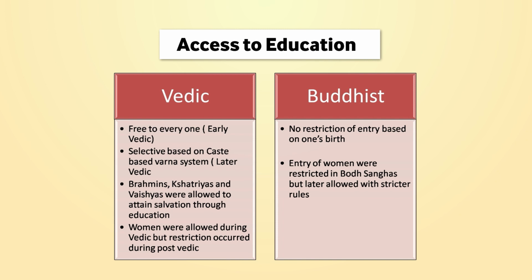But in the Buddhist system, we can see that there was no restriction of entry based on one's birth or one's caste or one's varna. Anybody who requires education can go and meet the gurus or the monks, and they can enroll in the education during the Buddhist period.